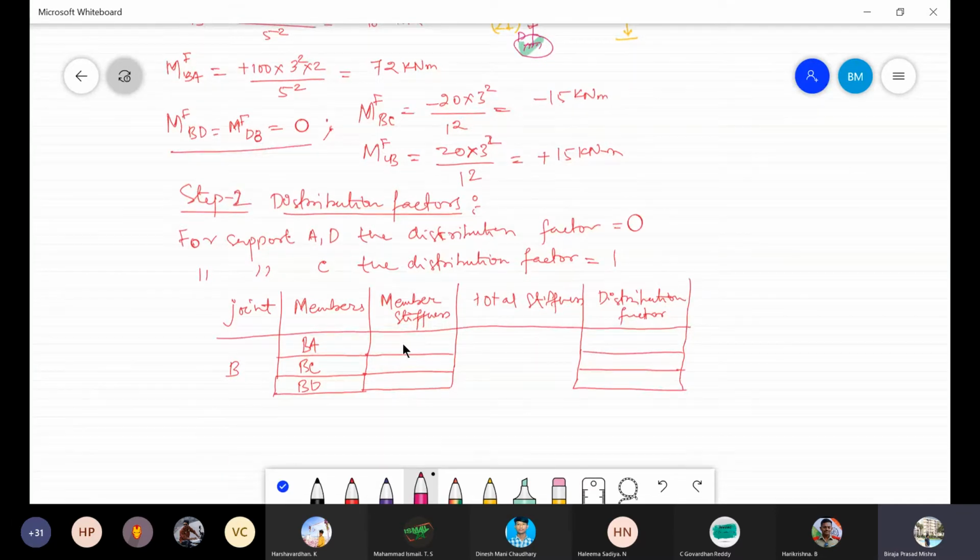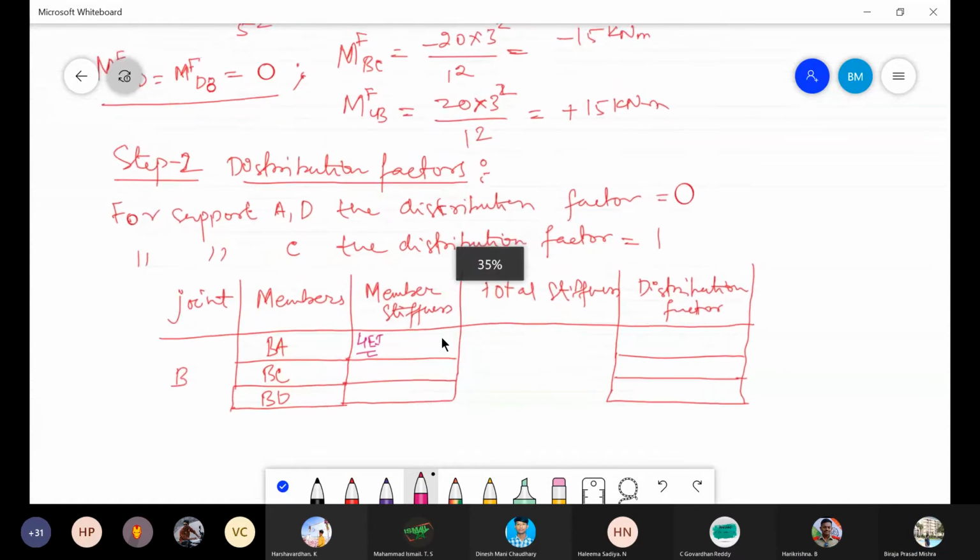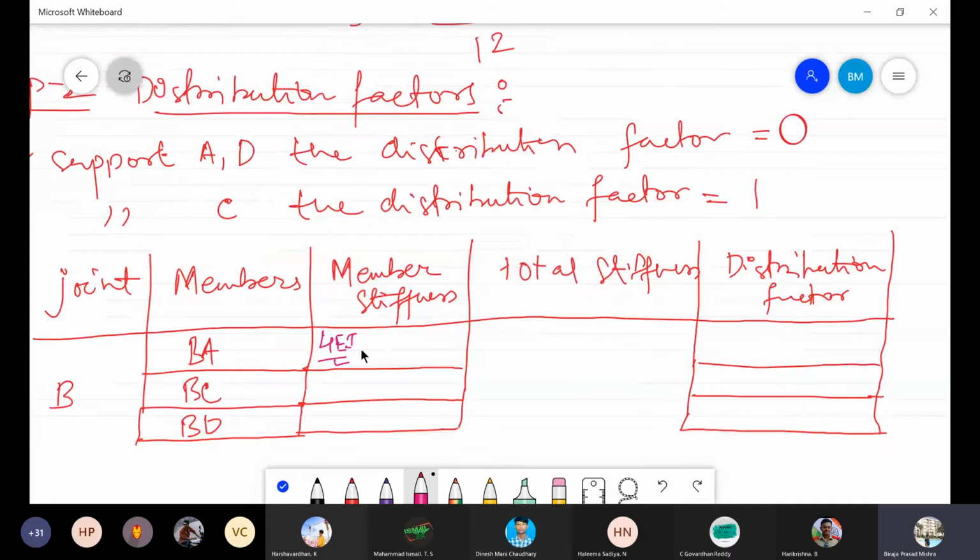Okay. So BA. If you consider BA, it will be 4 EI by L. Okay. If it is 4 EI by L, then for BA it is 4 into 2I into E by how much is length? Length is 5 meters.